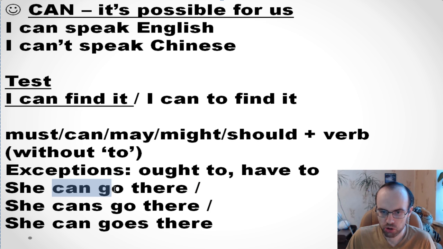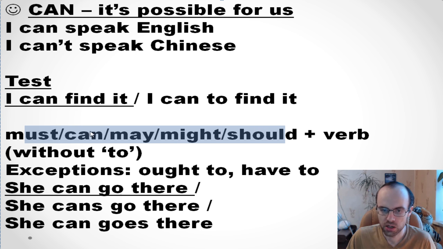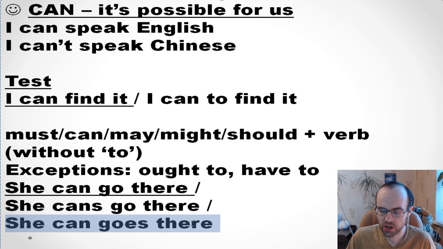Yeah, can plus go, it's okay. She cans, no, never. So I can, she can, he can, no. We don't change it with these modal verbs. And she can goes there. No, of course not.